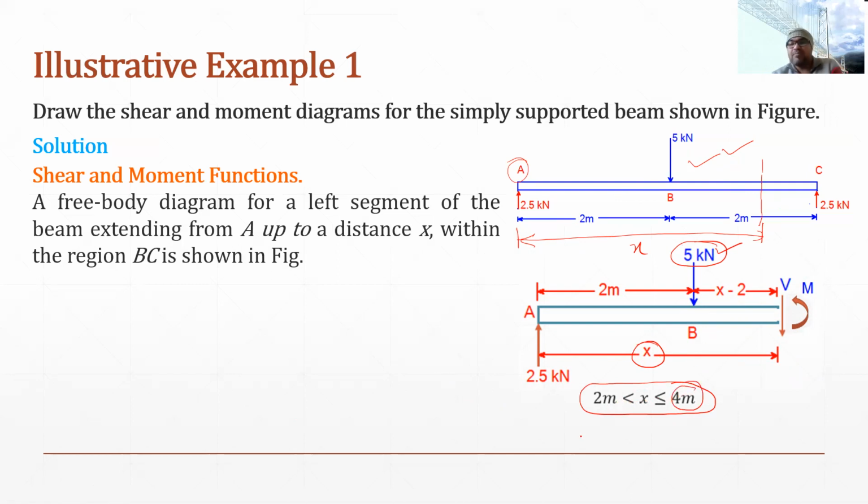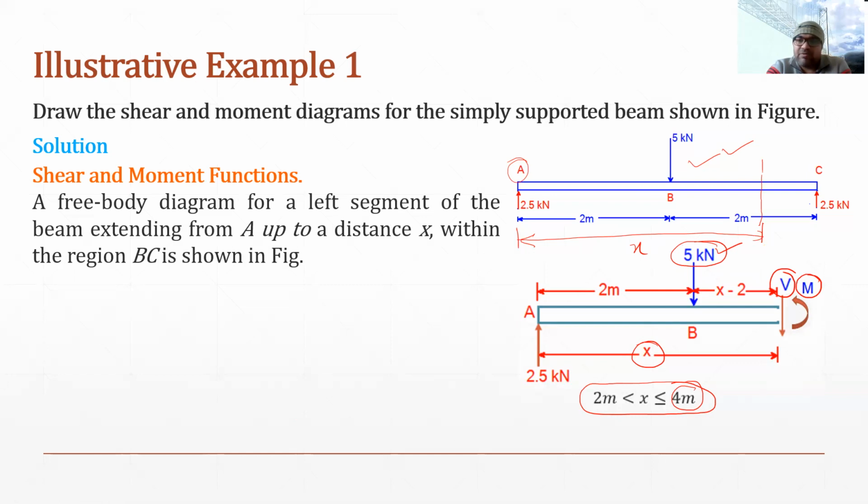So that is the limit of X here. So now we will apply the equations of equilibrium to find out the value of V. So in this segment also we are required to find out V and M as a function of X.